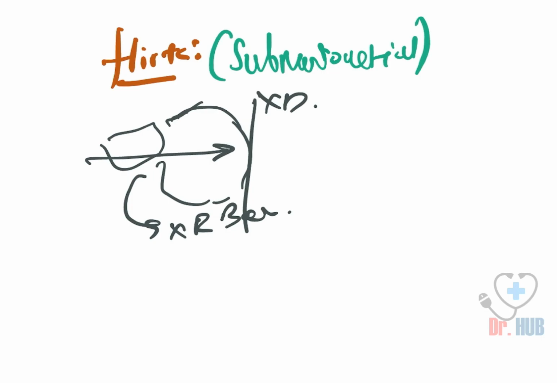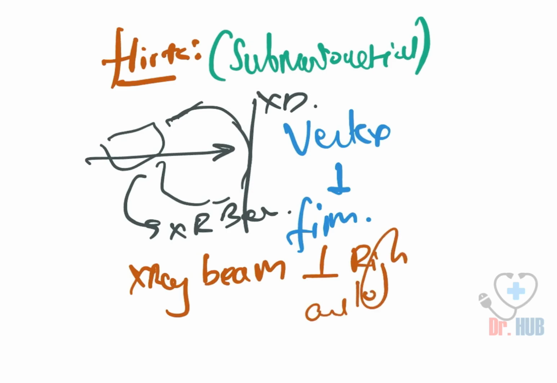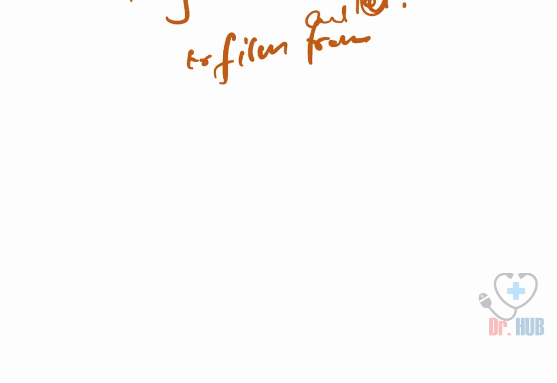The vertex is near the film, and the X-ray beam is projected at right angles to the film, from the submental area.